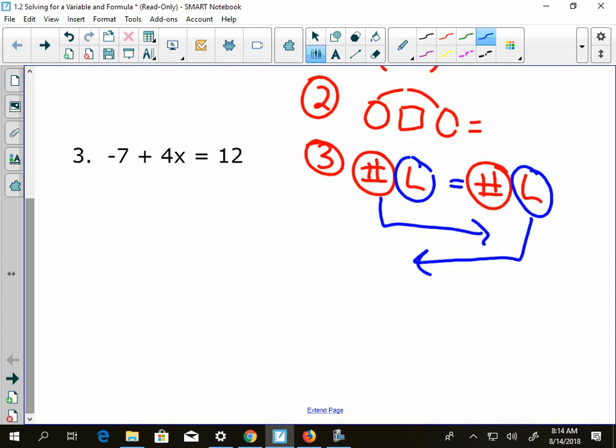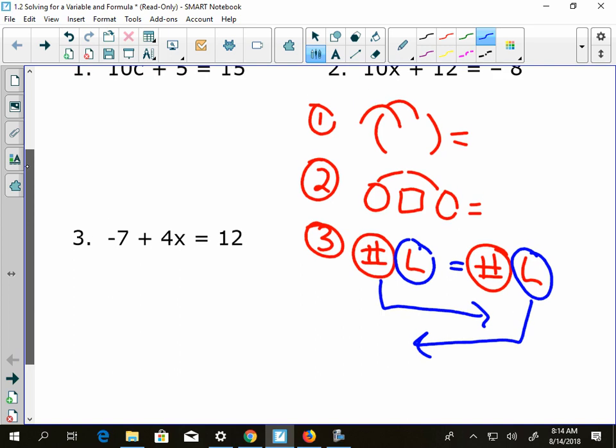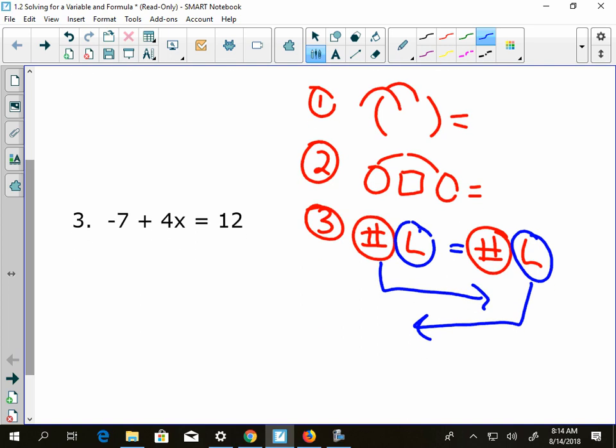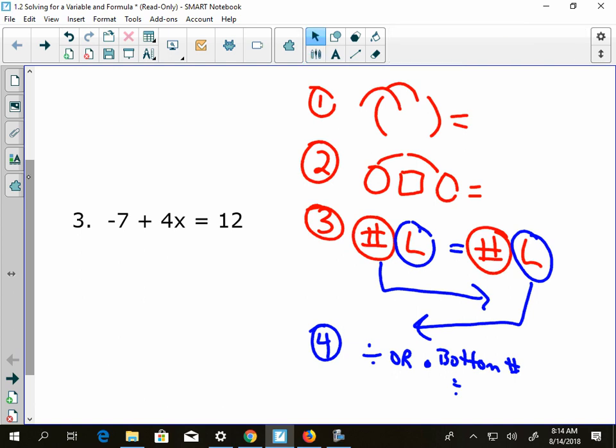And then after I've done that, most of the time, I am going to divide by the number next to the letter, or I could have a fraction where I multiply by the bottom number, and then I go ahead and divide. Okay, so those are your basic steps.